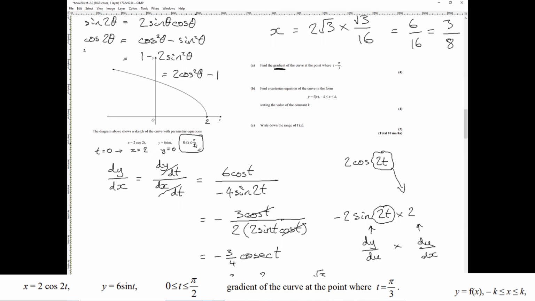We did that for 0 to confirm that a t value of 0 coincides with a Cartesian point, which is 2 and 0 for x and y.